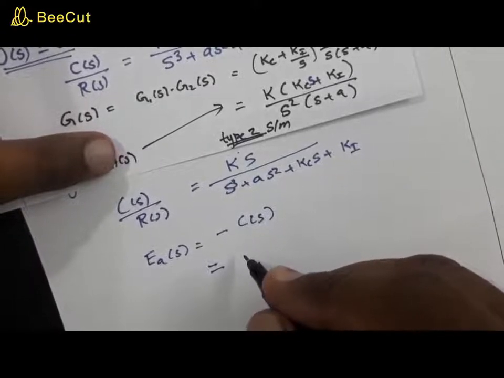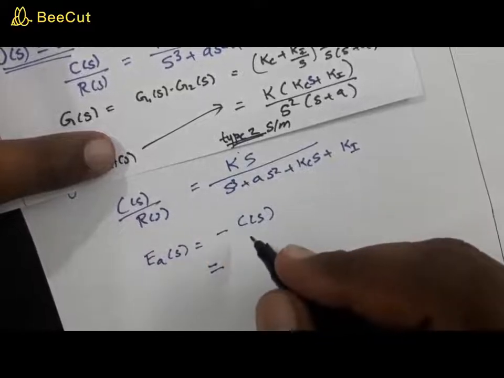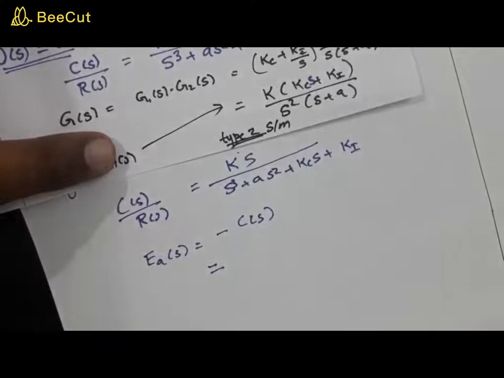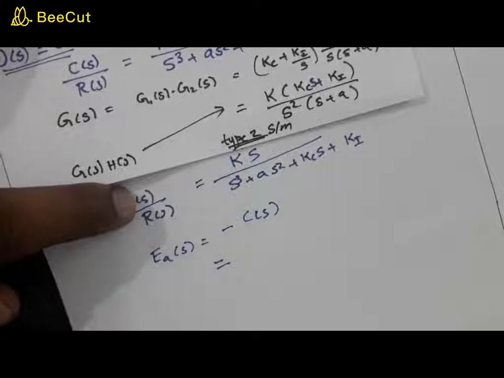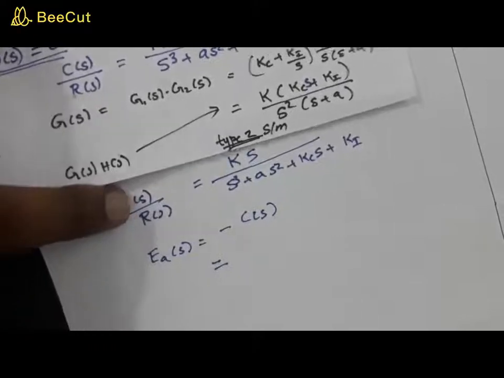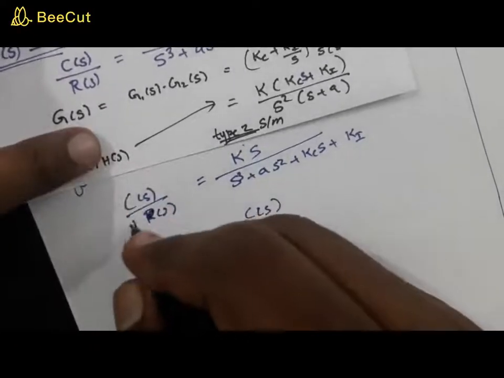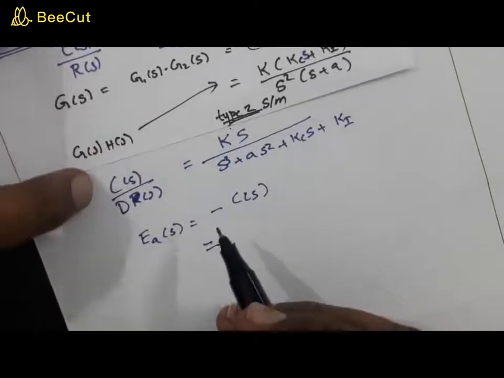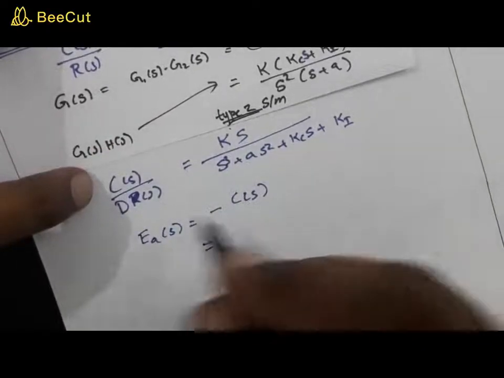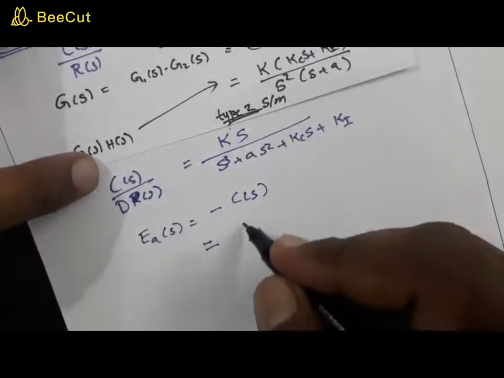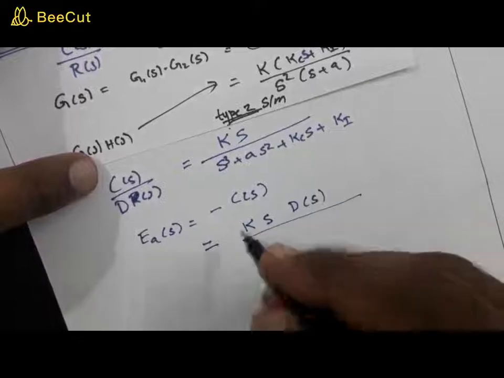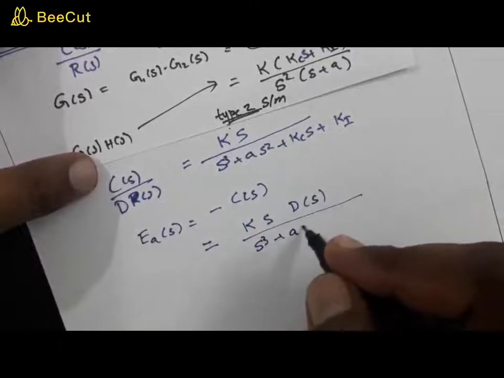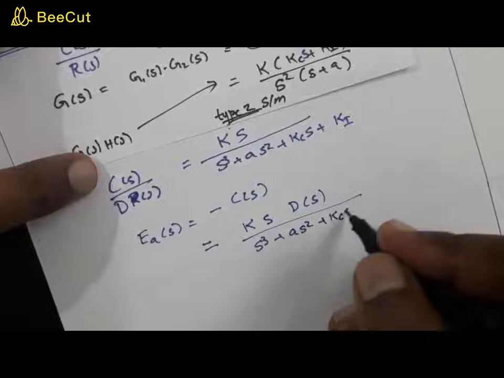So what will be your C(s)? Sorry, this is K Ea(s) divided by D(s). This is not R(s), this is D(s). So C(s) will be K s into D(s) divided by s cubed plus a s squared plus Kc s plus Ki.